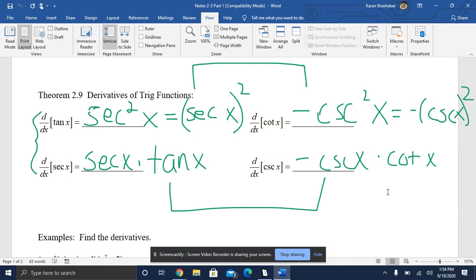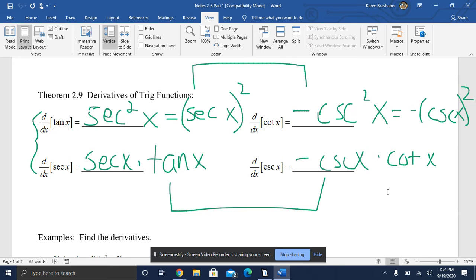They have to be negative, and they are very similar in their derivatives. So those are your remaining four trig rules. All of these rules you're going to need to have memorized. Hopefully you will use them enough that you will know them.